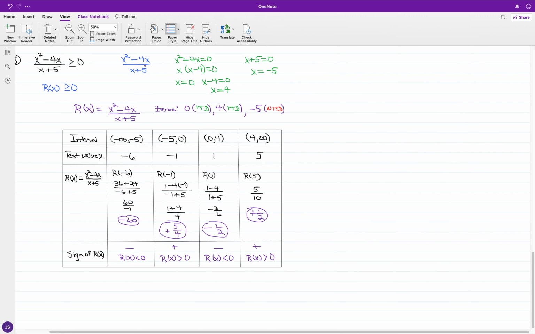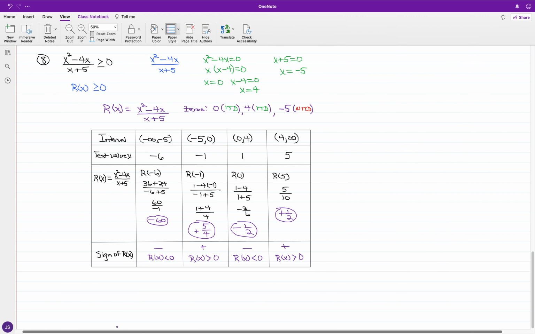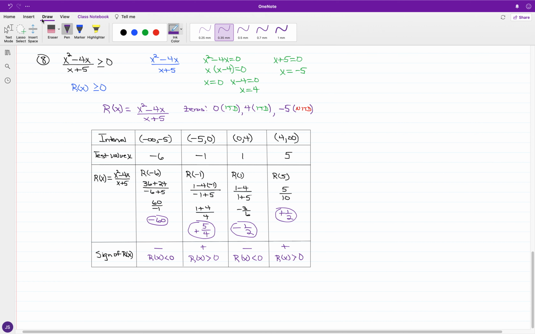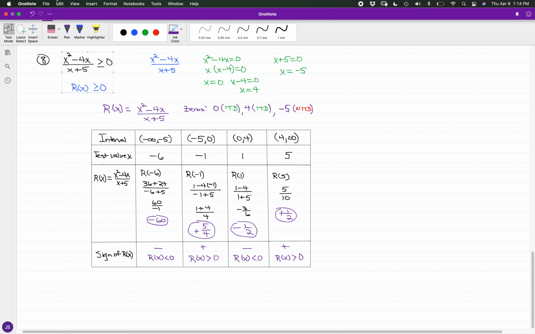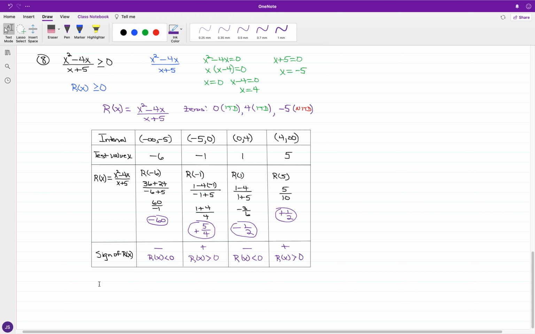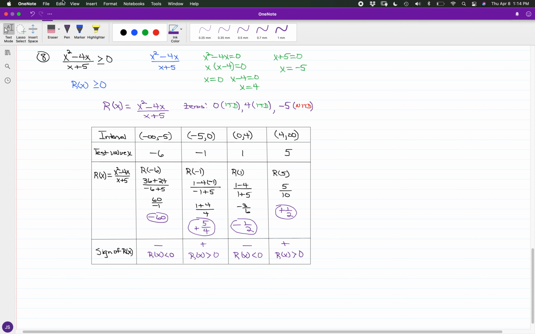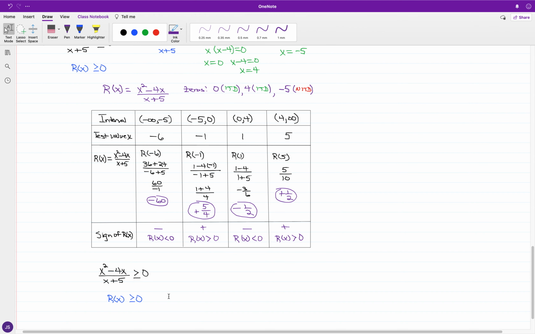Okay, so just going back to our inequality and looking for the interval solution. Okay, so whereupon r of x is greater than or equal to 0.